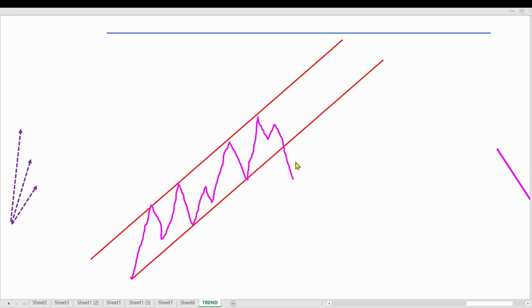When this happens, there's a very good probability that there's going to be a change in the trend from uptrend to downtrend. So again, you have to check for the break in the channel, and that the price action closes outside of the channel.